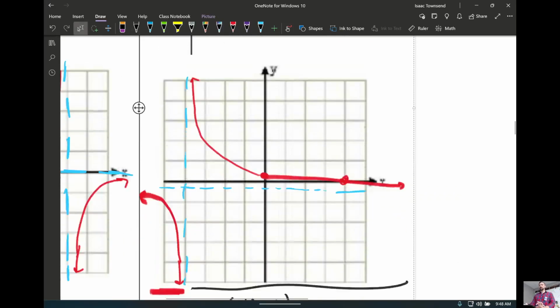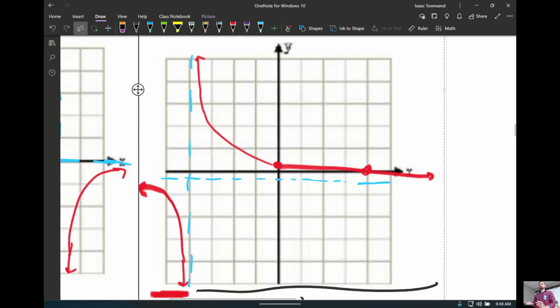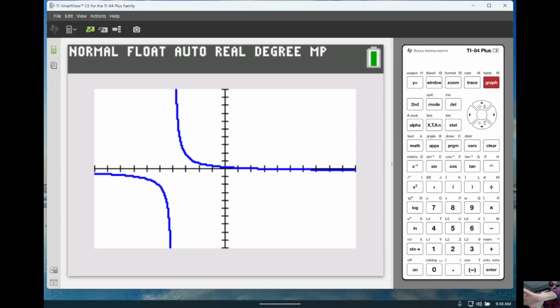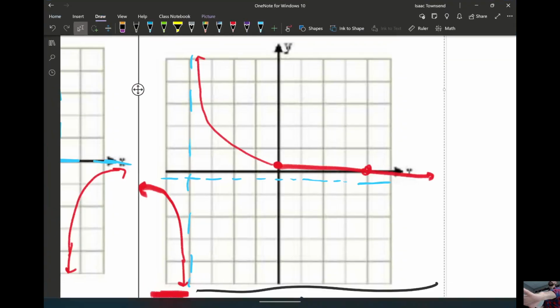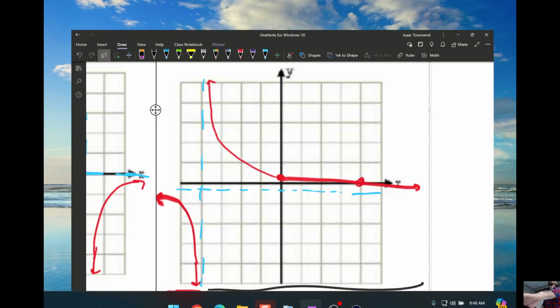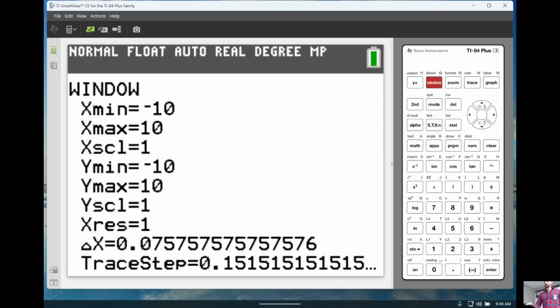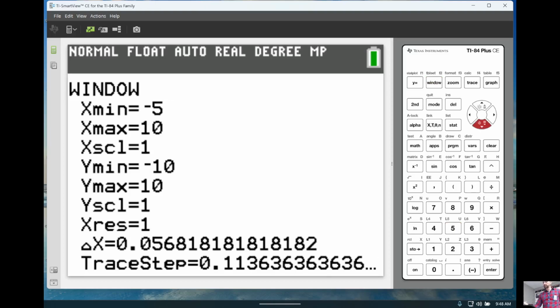And then just a quick snapshot, my graph versus the actual graph. Now, if you wanted to look even closer, our graphs on our paper today are not -10 to 10 and -10 to 10. They're actually -5 to 5 and -5 to 5.